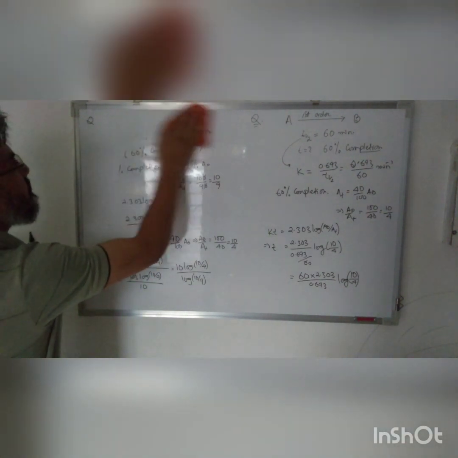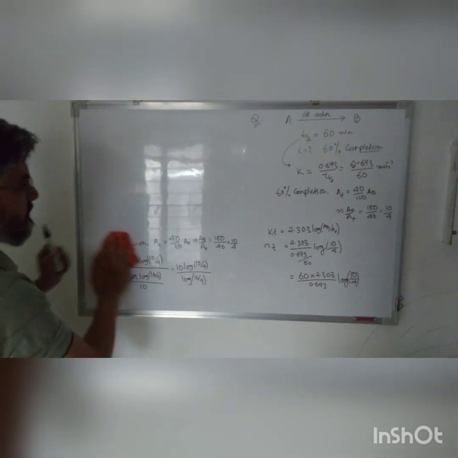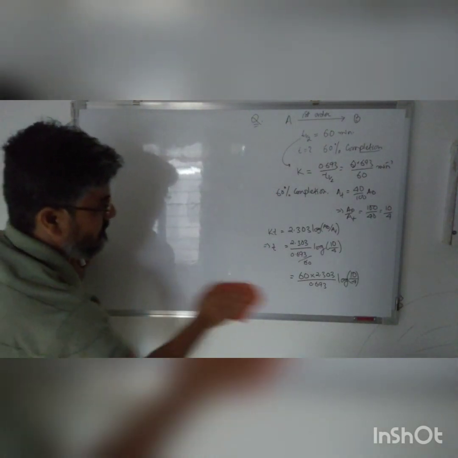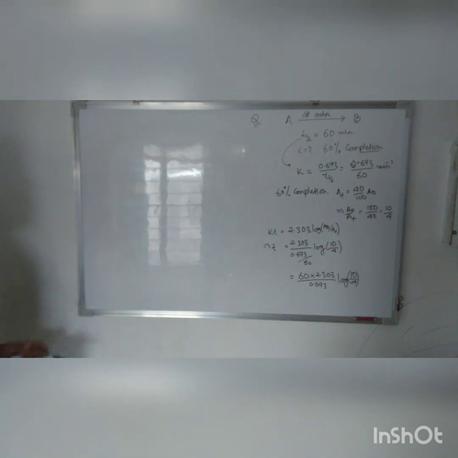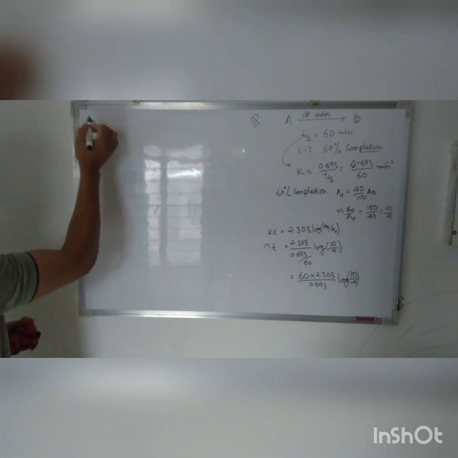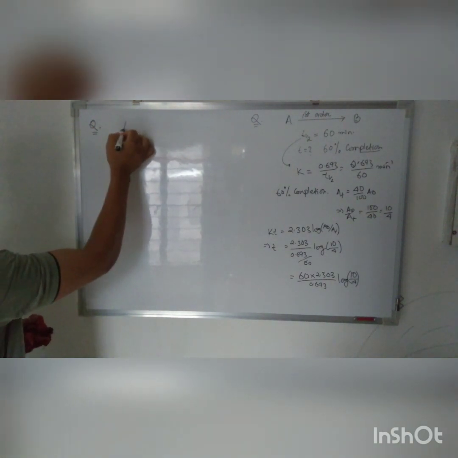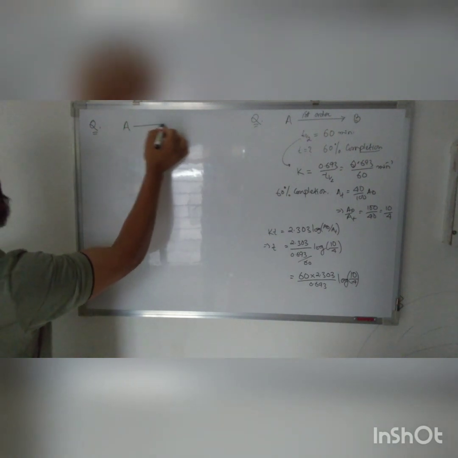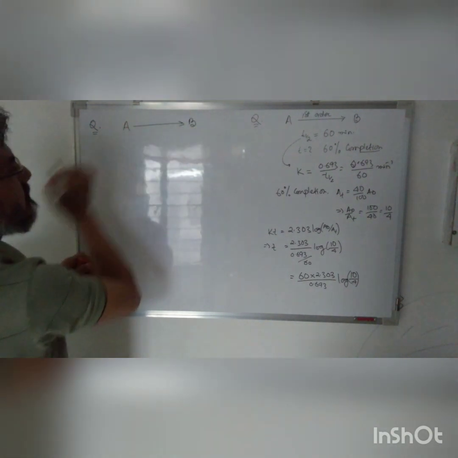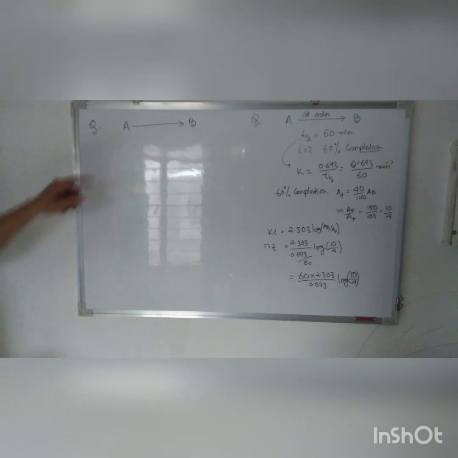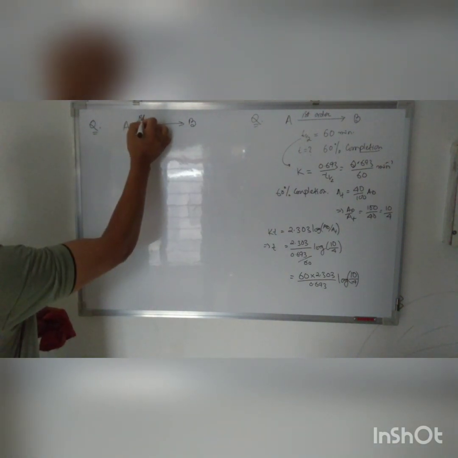Again, let's see some more examples for this first order kinetics. Question: again, we have a first order kinetics. For this first order kinetics, the order of reaction is first.